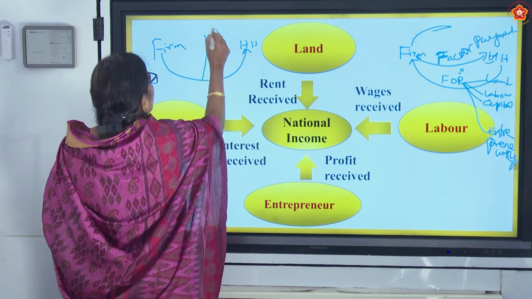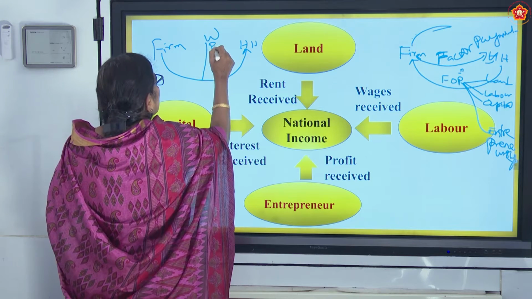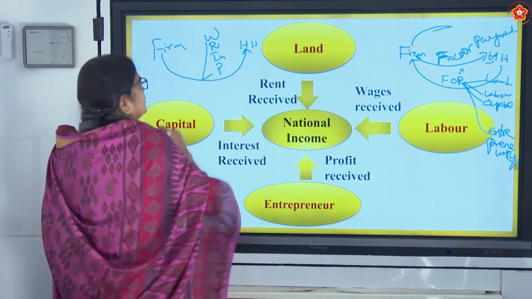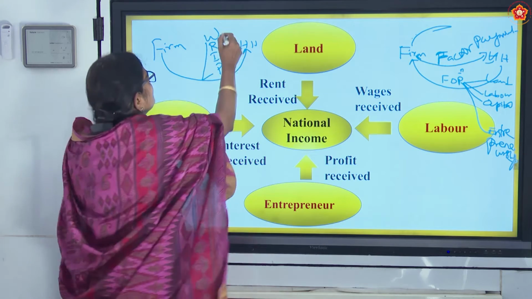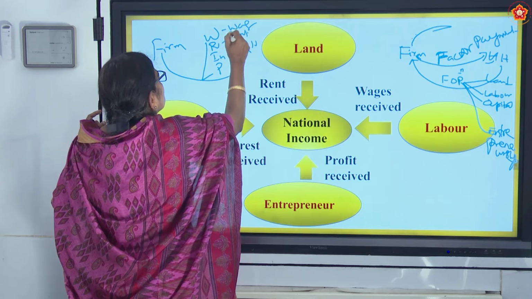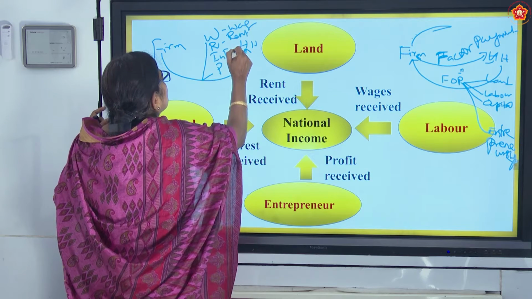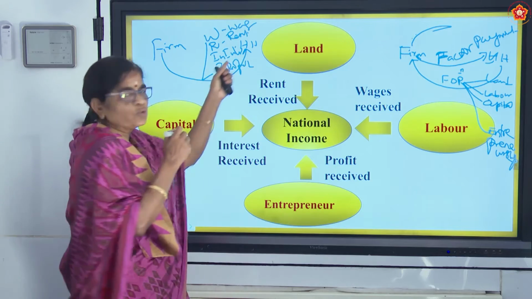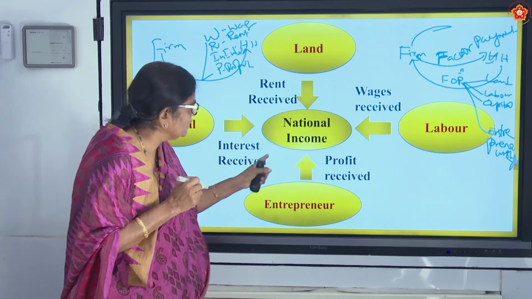That is wages, rent, interest earned on the capital, and the profit. This goes back. That is what we are explaining here.